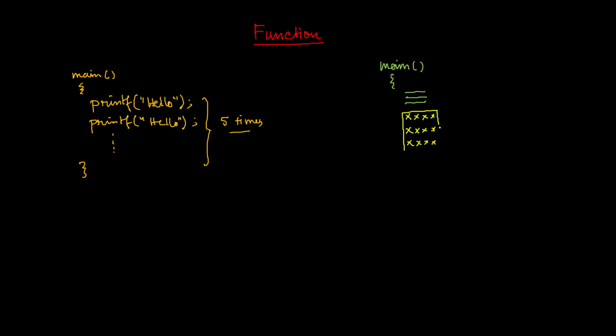I'm writing this in a rectangle just to show you this part of code only. Suppose you have written it over here, and after that you have written some other set of code, and again you need to repeat the same set of code again. Something like this.